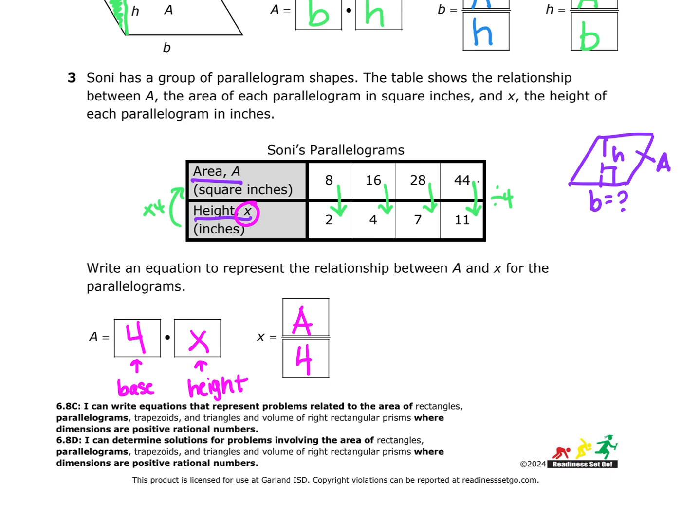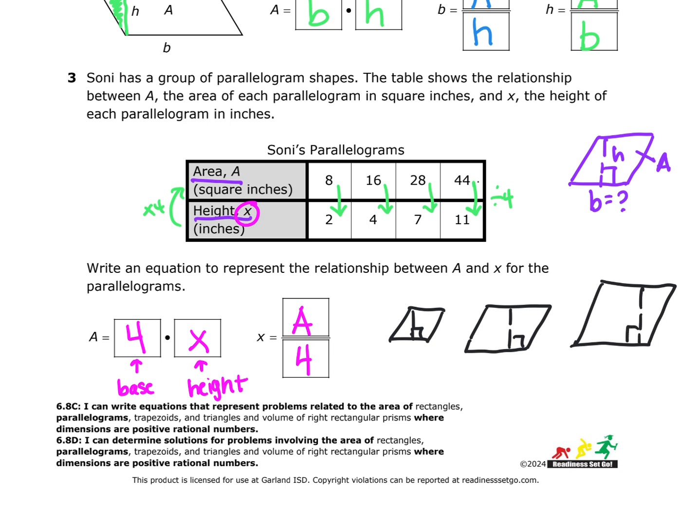Now, what would that look like? Let's say we drew a picture of each one. We had a whole bunch of parallelograms. Sorry, my drawings are terrible. We have a little bit bigger one, and we have a giant one, and we have h here. It doesn't really matter where.